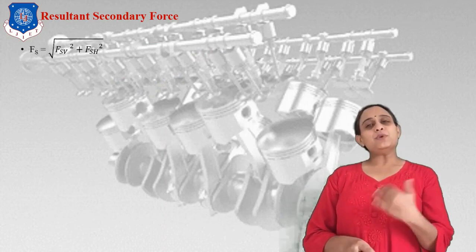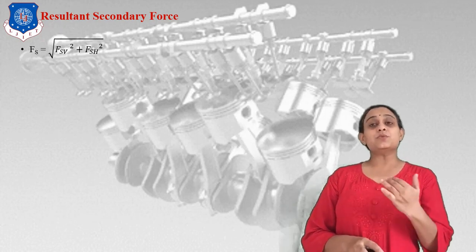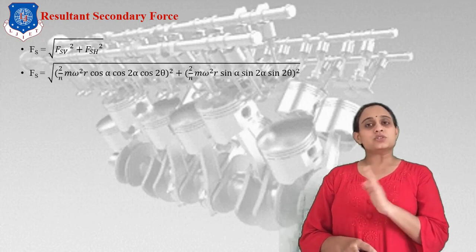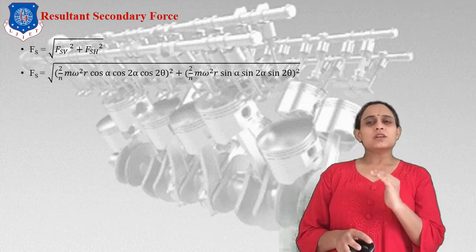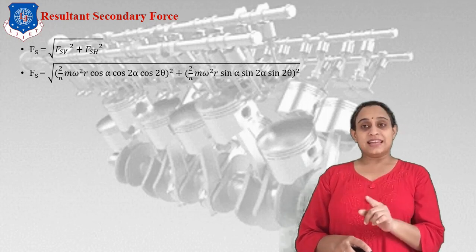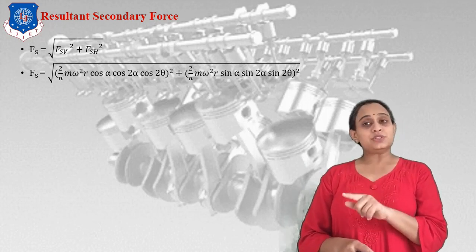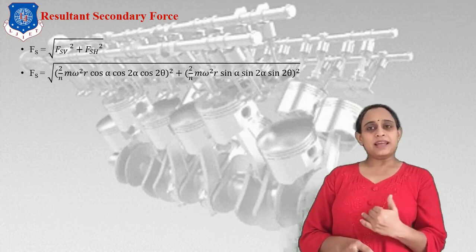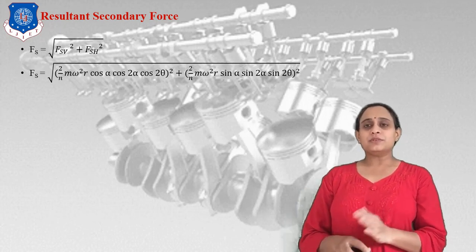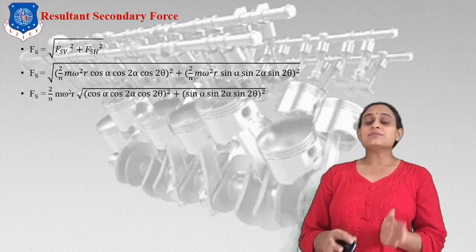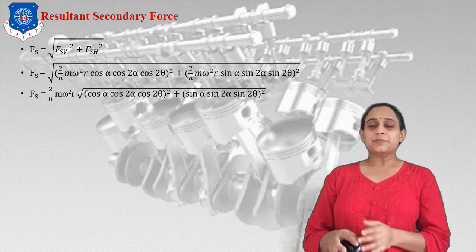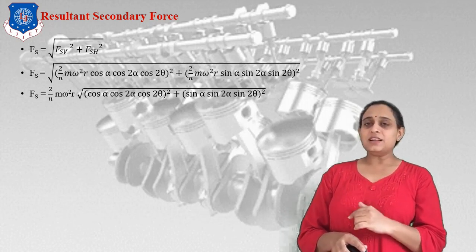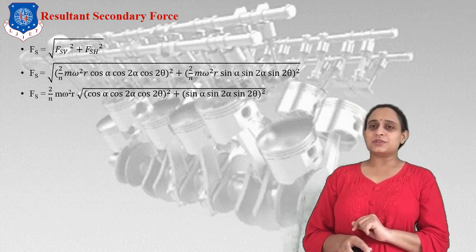So by putting the values in our equation, it is (2 by n m omega square r cos alpha cos 2 alpha cos 2 theta) whole square plus (2 by n m omega square r sin alpha sin 2 alpha sin 2 theta) whole square. Clear? By solving this equation, we get 2 by n m omega square r under root of (cos alpha cos 2 alpha cos 2 theta) whole square plus (sin alpha sin 2 theta sin 2 alpha) whole square. Clear? This is our secondary force equation.